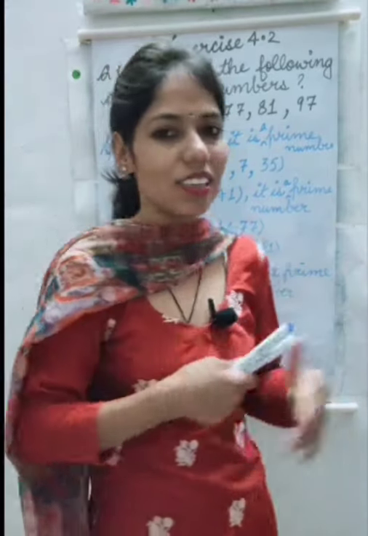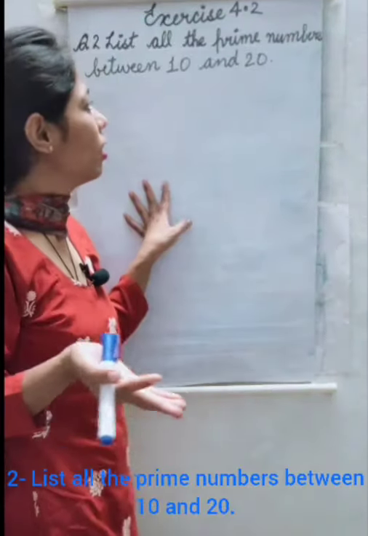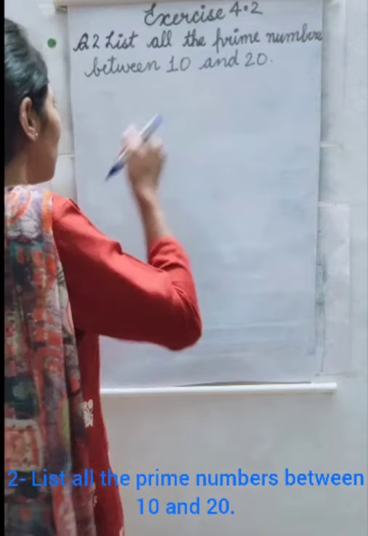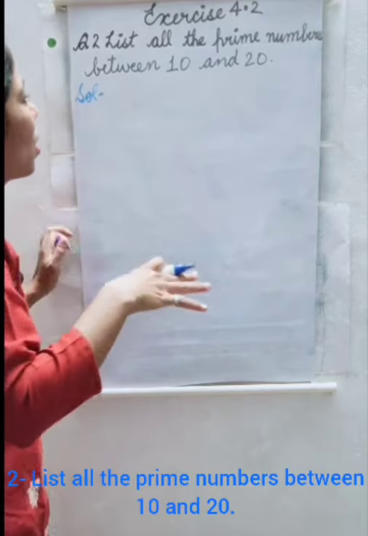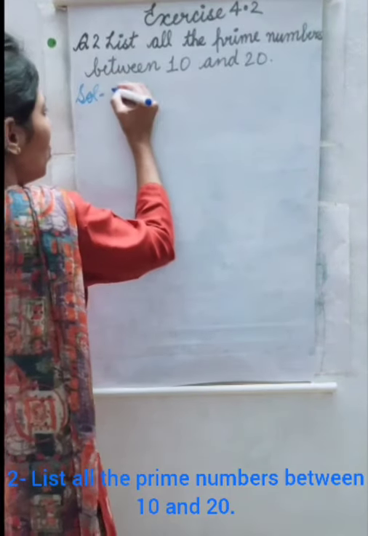So as we have done it orally, let's write its solution. We have to write all the prime numbers between 10 and 20.